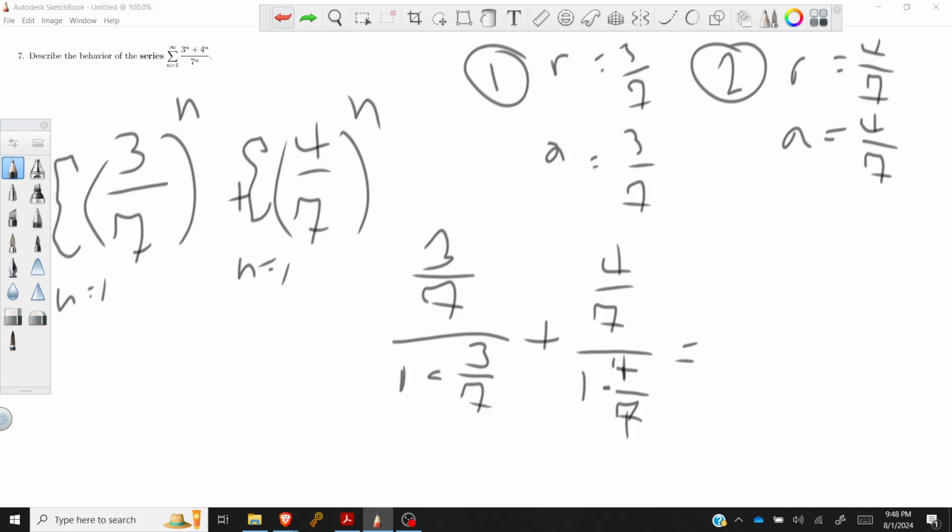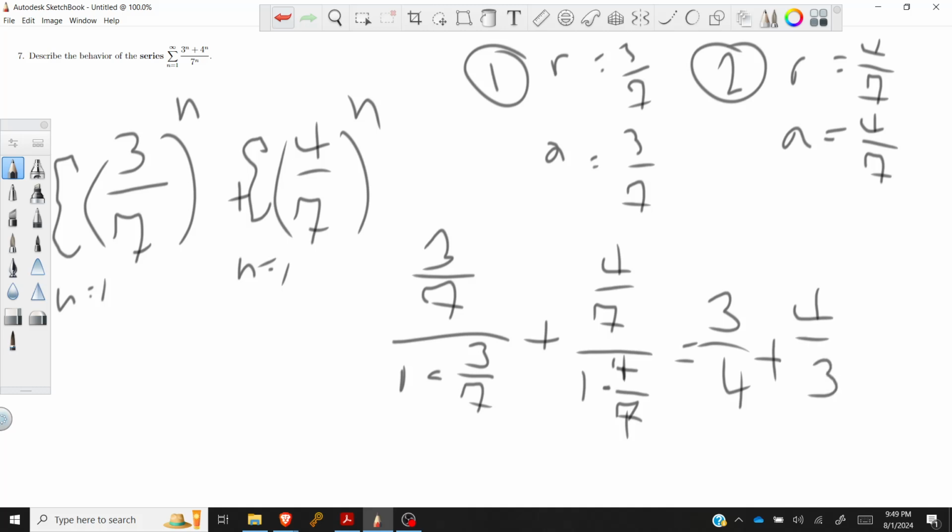And 7 times 3 is 21, and 4 times 7 is 28. So 21 over 28 is 3/4. So the left side is 3/4. And then we're going to add 4 over 7 divided by 3 over 7, which is 4/3.